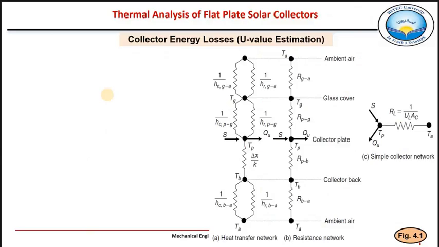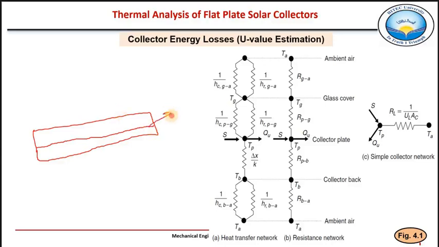So the next part is to find out the overall heat transfer coefficient U. For that we need to understand this phenomenon of heat loss. So this is our absorber, this is the glass cover. For example, this absorber is at a temperature of Tp, which is initially not known, so we shall assume this Tp.